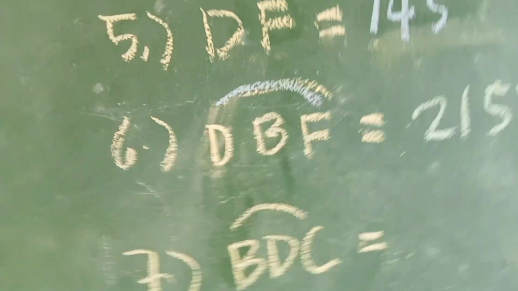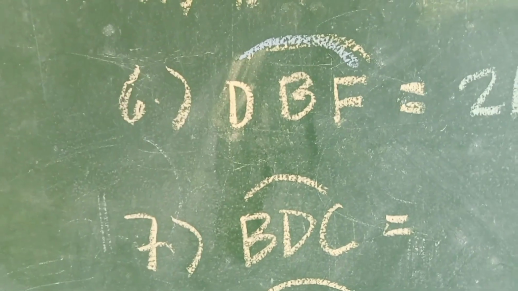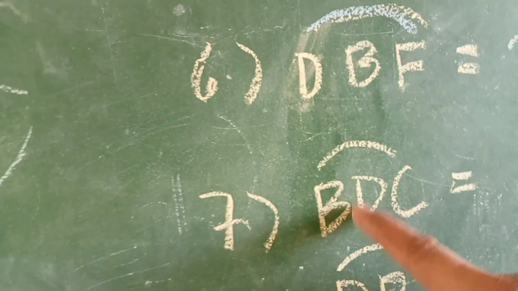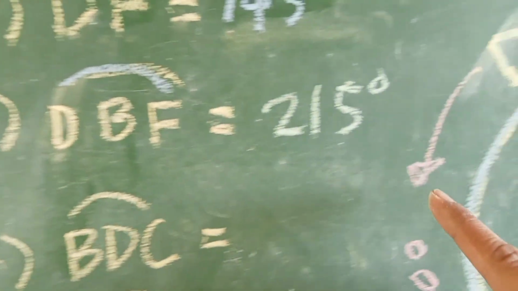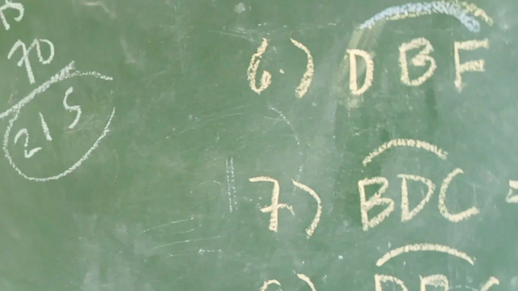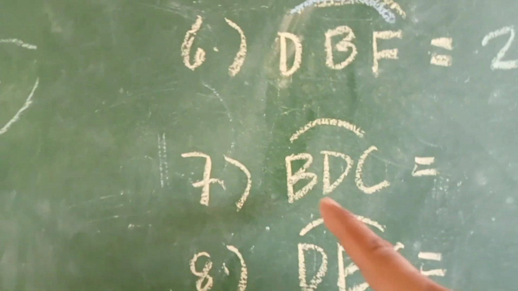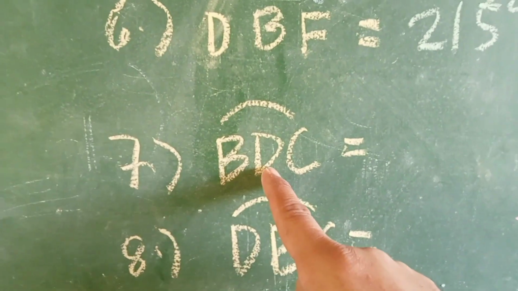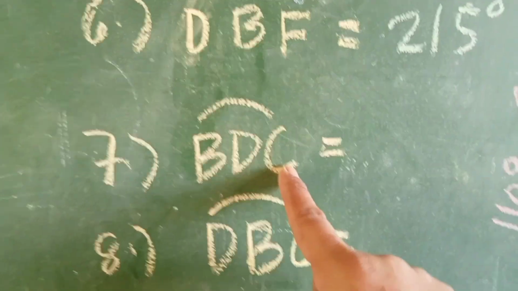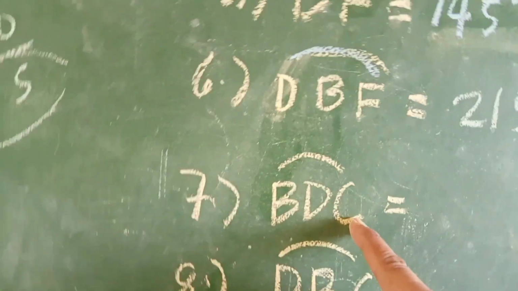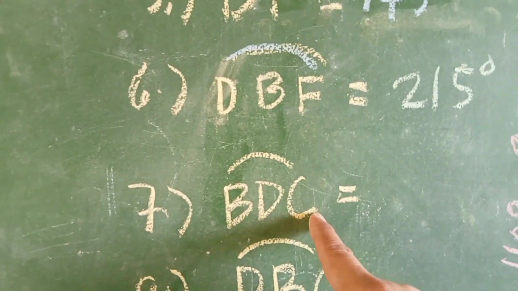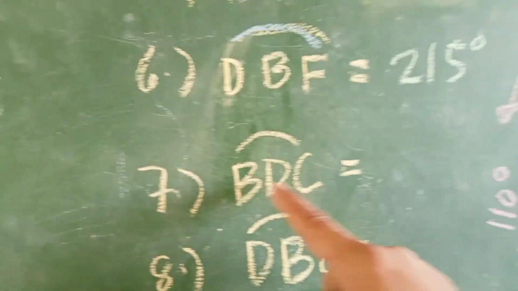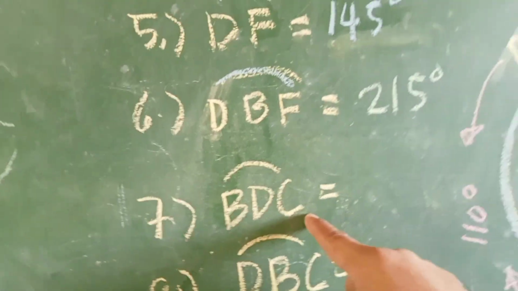How about the next number? Find the measure of arc BDC. You have to start from point B, passing through point D, and end up at point C on the circumference of the circle, to locate and illustrate the exact arc being talked about and its measurement.